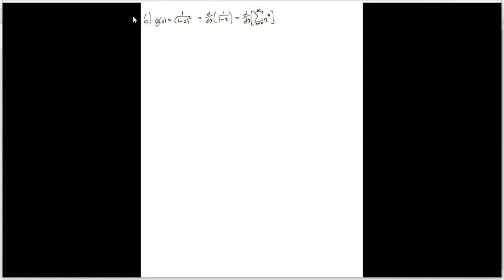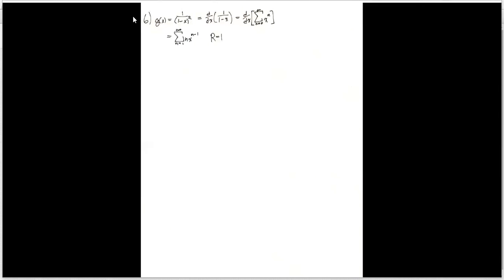So we can write this as the sum as n equals 1 to infinity of n x to the n minus 1. And again, because r was 1 in the geometric series, we have the same r here, right?